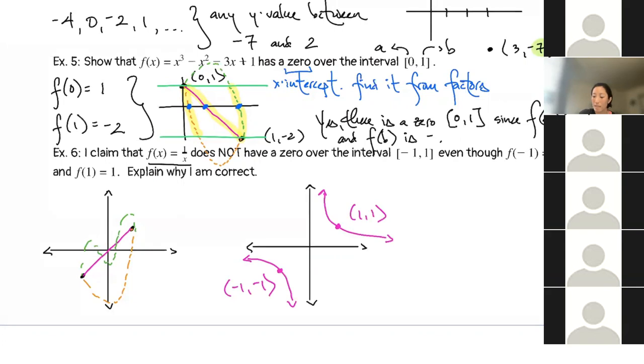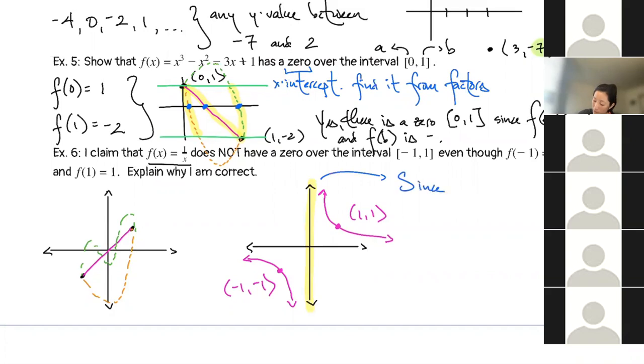And if I think about what's happening in between, I notice that it's not continuous, somewhere between -1 and 1.